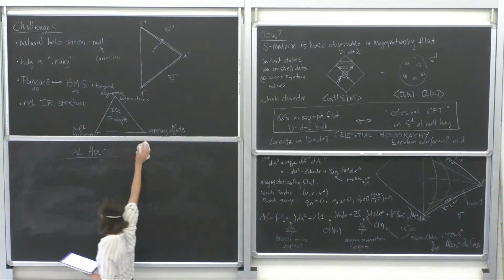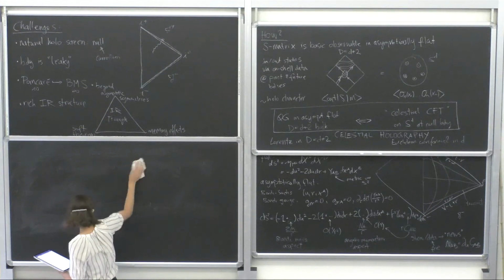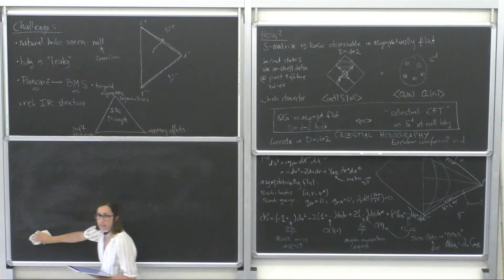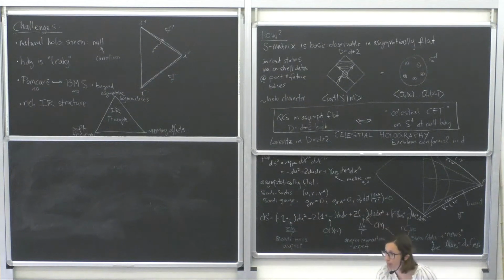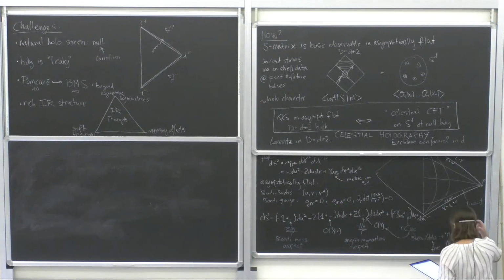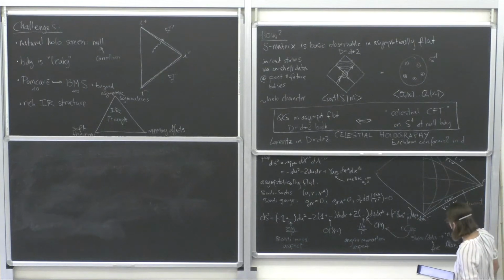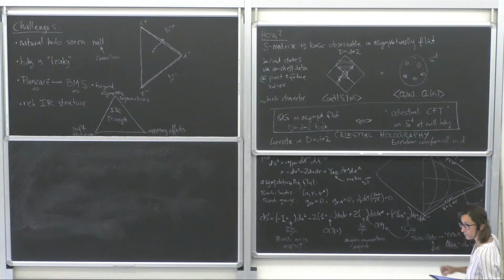That's clear, but I'm just wondering, normally we would say that NA is also on the same footing as NAB, because just as NAB carries the shear, how the geodesics shear, NA should be related to how they twist.